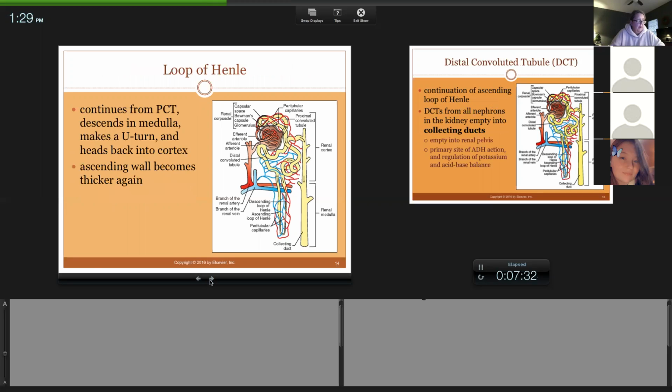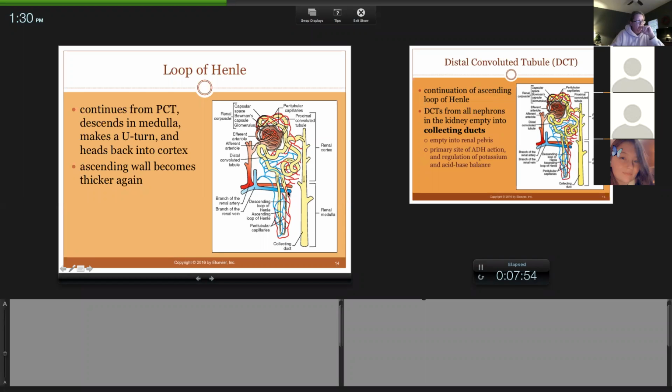Now, the next part, after it goes through the PCT, it's going to go down this loop of Henle, which dips down into the medulla. It dips into that middle part of the kidney. This part comes down the medulla, it makes a little U-turn, and then it's going to go back up into the cortex.